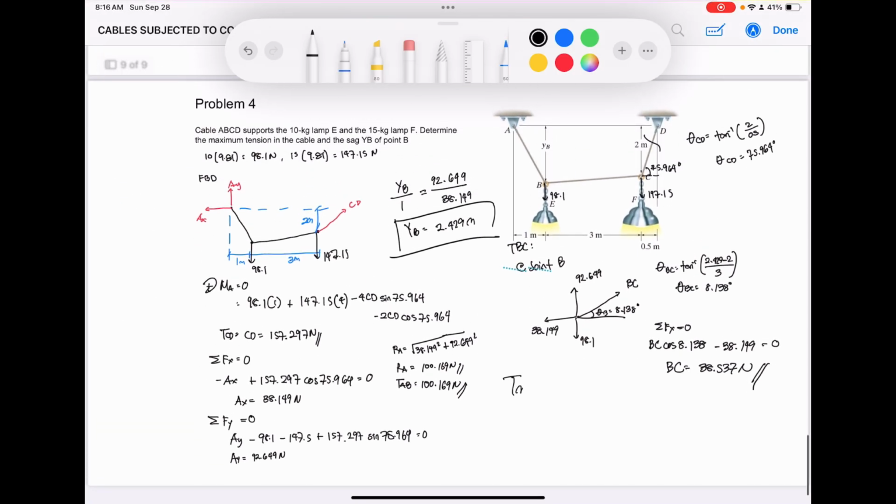So, T max is equal to 157.297, 100.169, 38.537 max. So, sinong pinaka-maximum dyan? So, T max is equal to 157.297 newtons. Yan.